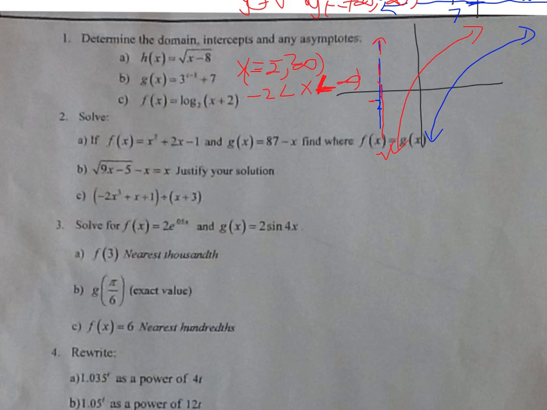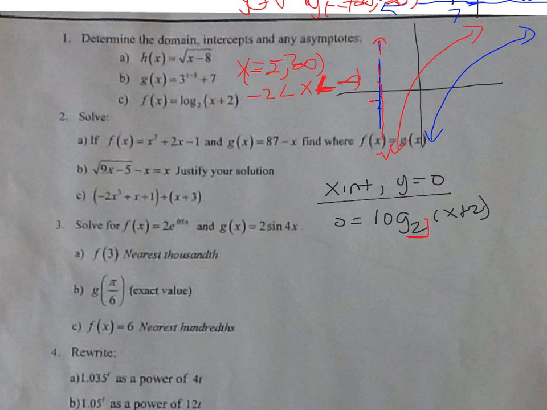Okay, and now let's talk about our intercepts. This has both intercepts here because I am going through the y-axis and I'm going through the x-axis. So let's start with the x-intercept. That means y is equal to 0. So I have 0 equals log base 2 of x plus 2. I want to solve the log equation, so I put it back in exponential form.